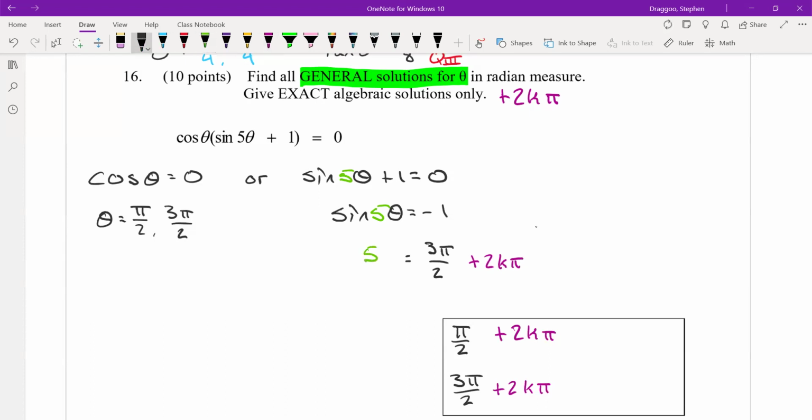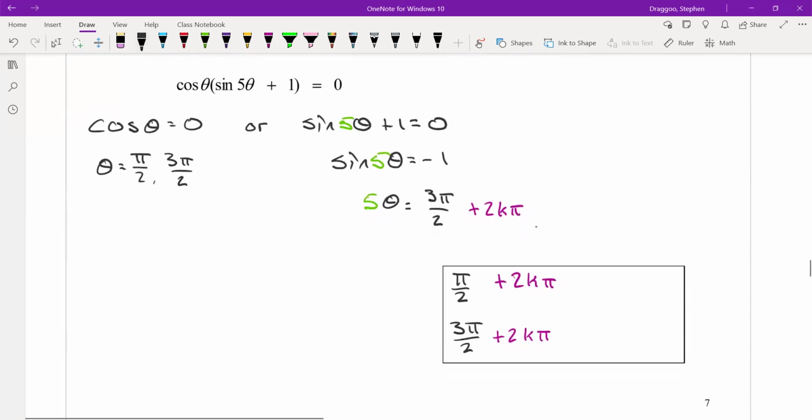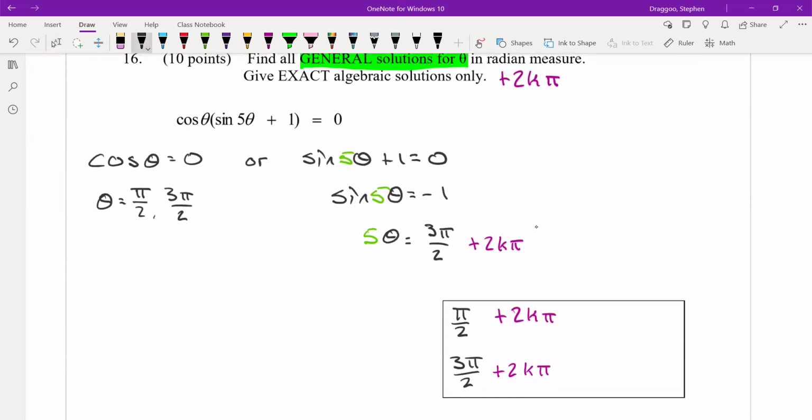And now I'm going to turn my attention to the fact that I had 5 theta on the inside of sine instead of just theta. So to figure out theta itself, I should just divide both sides by 5. I've got an idea.